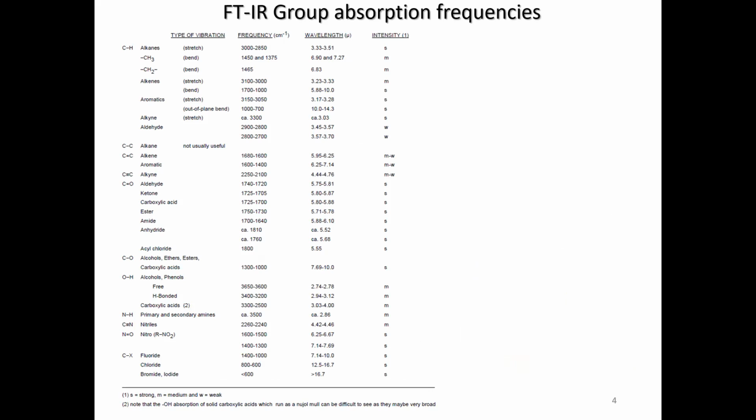You know that with IR you cannot assign a molecule, but you can see some specific functional groups. There are tables for IR. You don't need to remember them all, but you need to remember how to interpret and use the tables. So probably the most important things that you want to check on the IR are certain specific groups.